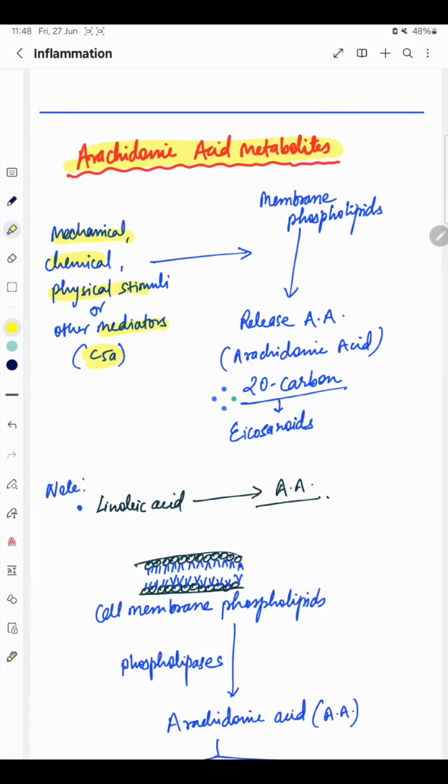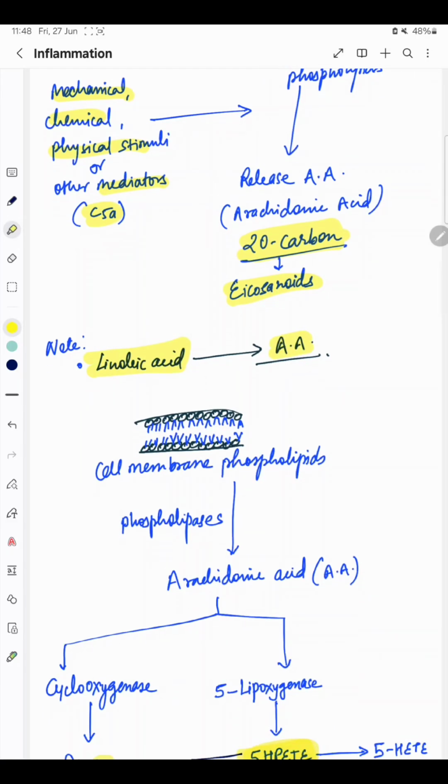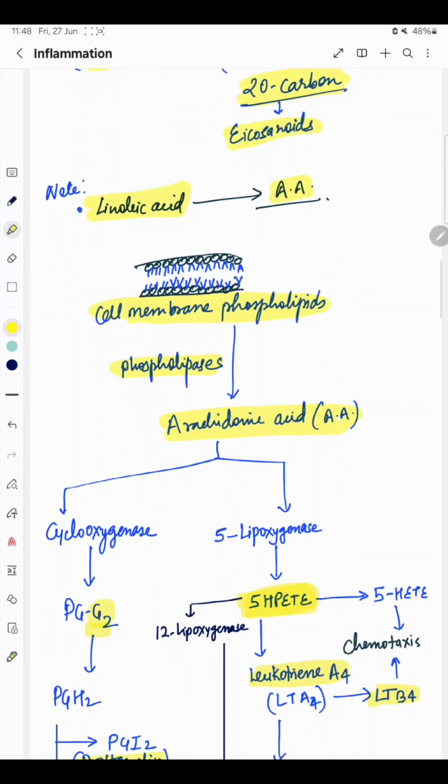Arachidonic acid is also known as an icosanoid, a 20 carbon acid. It is derived from linoleic acid. Phospholipases act on the membrane phospholipid, and arachidonic acid is produced.